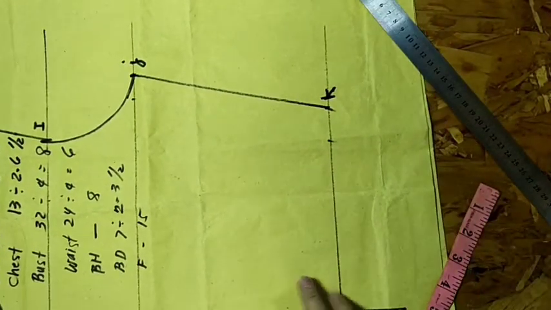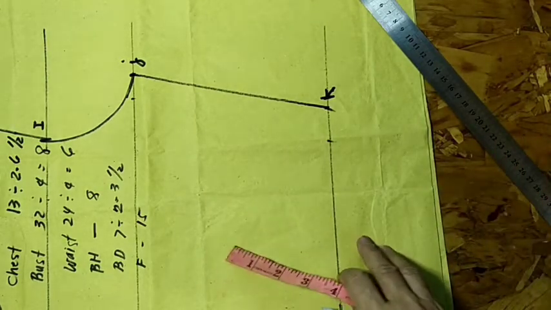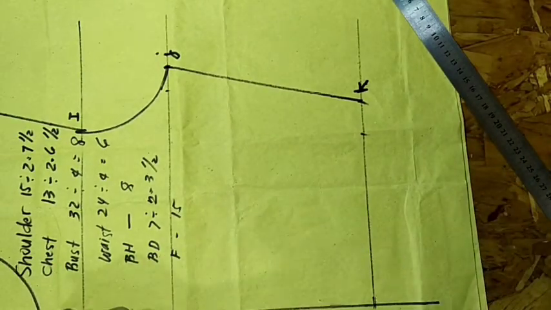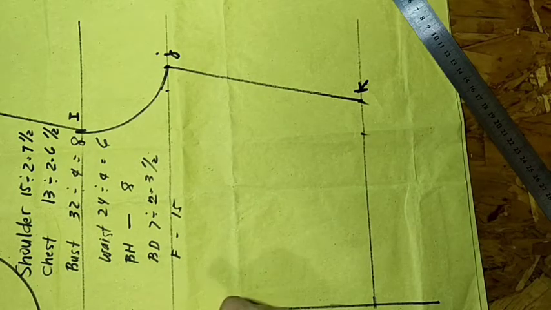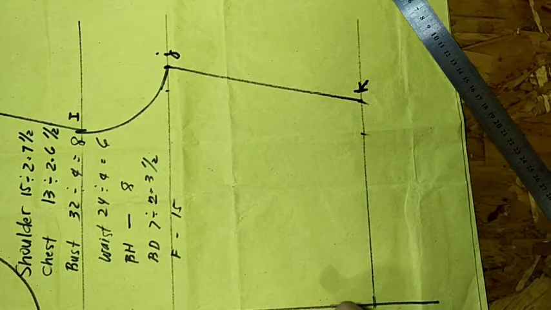Okay. Next, A to D1. Balik tayo dito. Downward. Height or bust height. In this case, yung bust height niya at saka yung kanyang 1/4 of bust same.